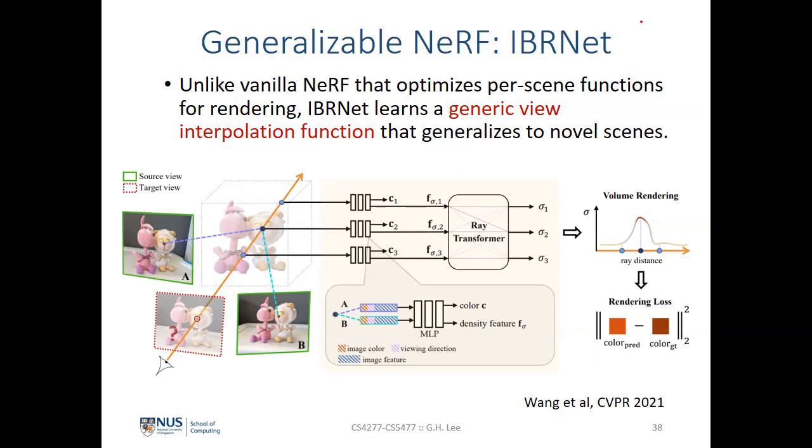What they are doing here is that you have a target view, and they have multiple source views that are close by. They take the image feature, so they put each one of these images into a 2D deep network to process the image into a feature map.